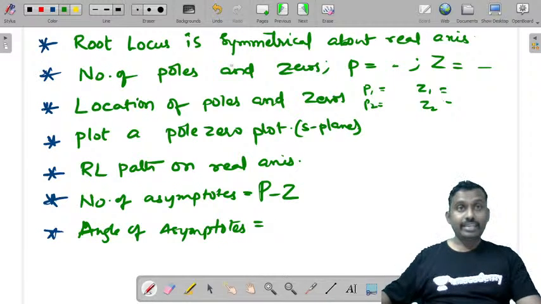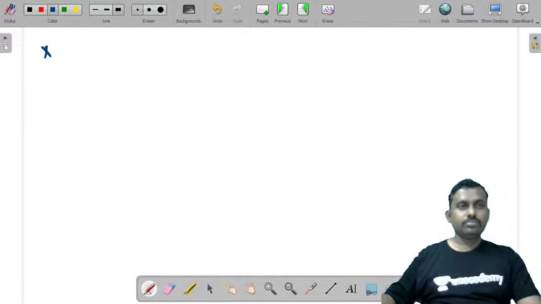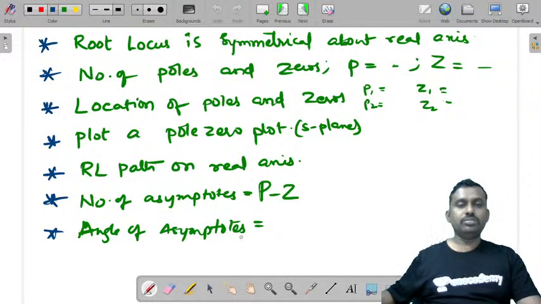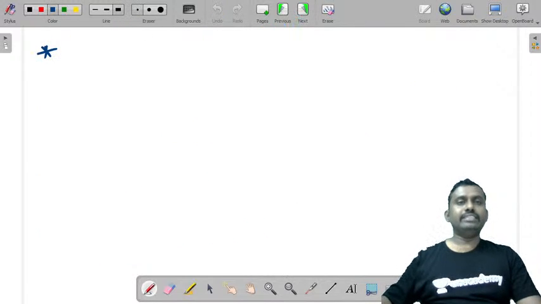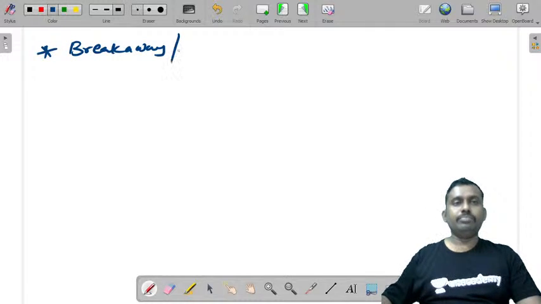And once you find this, we are done with the angle of asymptotes, and we'll draw these asymptotes. If there exist any breakaway or break-in points, we will try to find them.